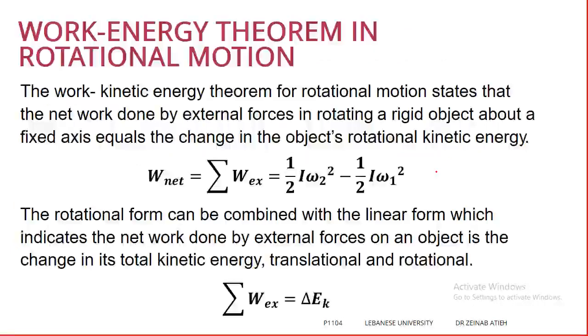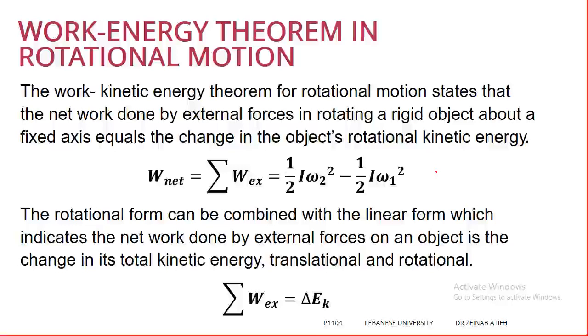Okay, now the work energy theorem in rotation is also valid in the same way it is valid for an object in translation. It's also valid if the object is rotating and translating at the same time. So this formula, which is the work energy theorem, is always true if the system is rotating, if it's translating, if it's rotating and translating.